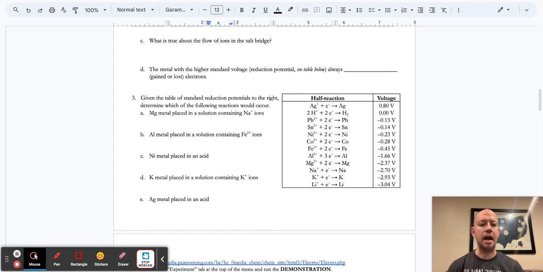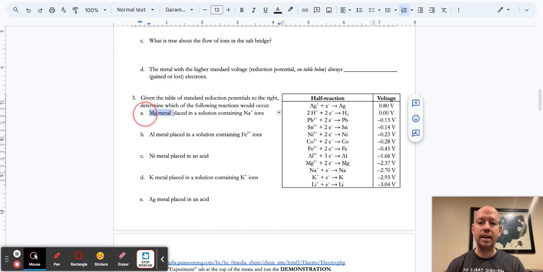Right here is where a lot of people have been asking great questions, and it connects very much to the difference between galvanic slash voltaic, sorry, and electrolytic cells. When we look at this, it says I am using magnesium metal. So right there, magnesium metal is what we have, and sodium ion is what we have.